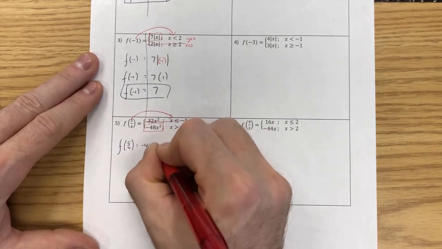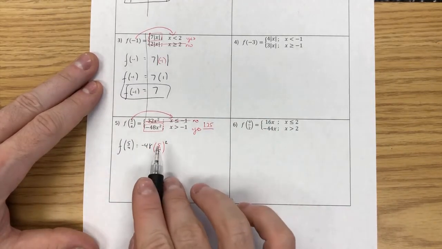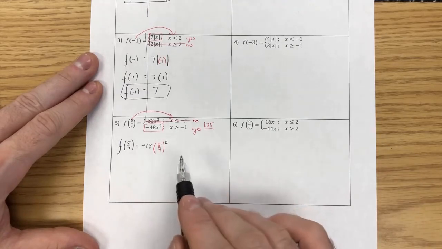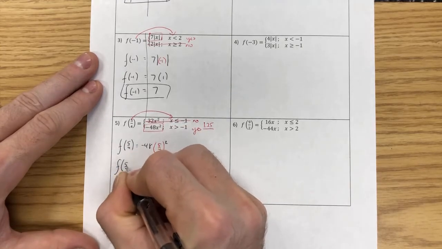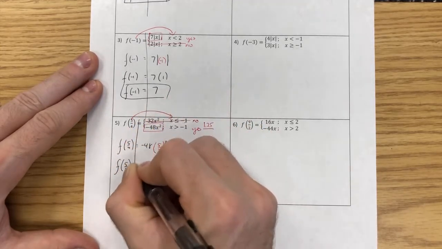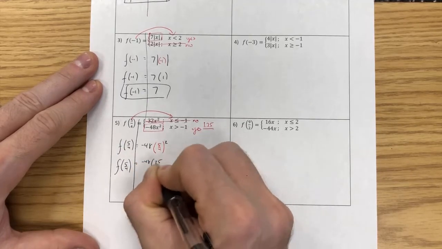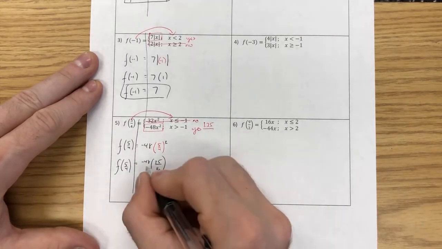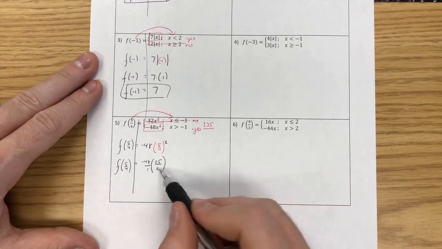Open up a set of parentheses, 5/4 squared. And what we covered yesterday, we remember the fact that if I square a fraction, I'm squaring the top and squaring the bottom. So 5 squared is 25 and 4 squared is 16, giving -48 times 25 over 16. The other thing we covered about cross reduction is that I can write this whatever way I want.